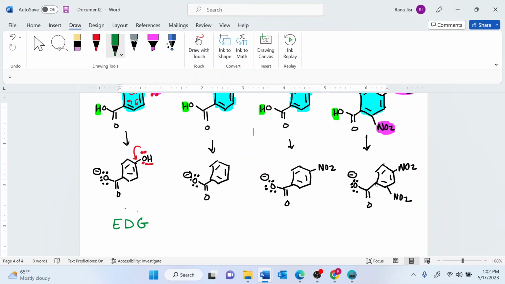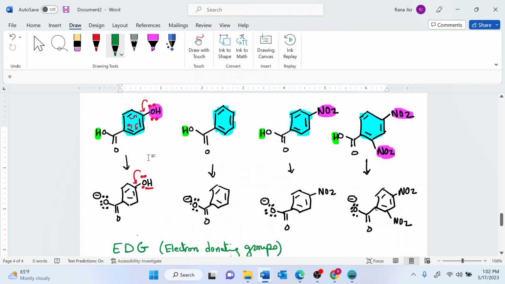Electron donating groups. We're going to hit on electron donating groups as we proceed, but the idea is that electron donating groups should have lone pairs. So if they are present directly next to the benzene, then those lone pairs are going to undergo resonance across the benzene, giving the conjugate base electrons, decreasing its stability.